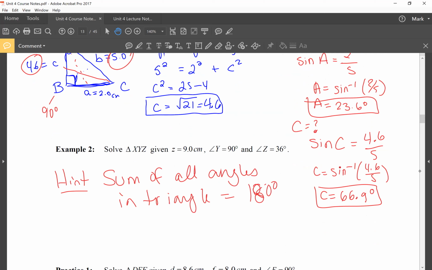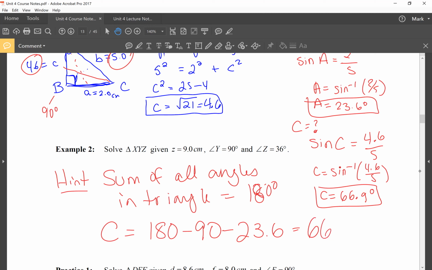Now, you don't need to know this. Abdul Rahman came up with a really good tip to solve this. So when he wanted to find C, he said, well, it's 180 degrees minus 90 minus 23.6, and you'll get roughly the same answer.